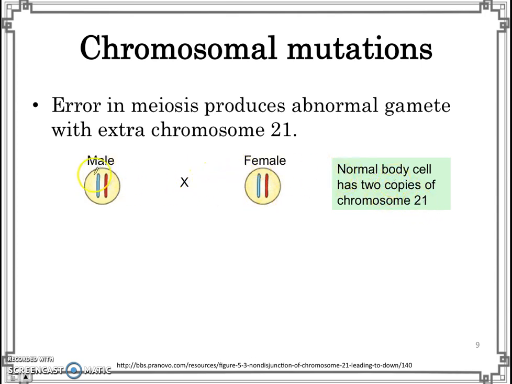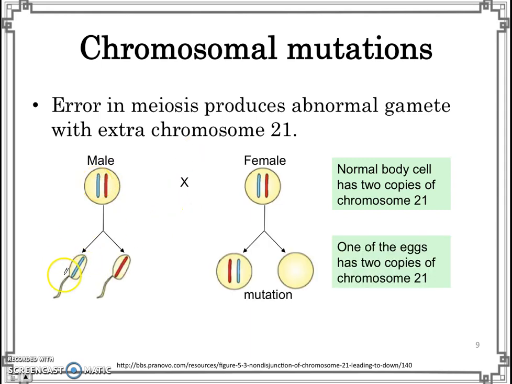So they both have 2 copies of chromosome 21. Right? Here's one, here's the other, here's one, here's the other. Now the dad forms sperm, and he forms perfectly normal sperm. Right? The 2 homologous chromosomes separate during meiosis and end up in different gametes. So each sperm only has 1 copy of chromosome 21.